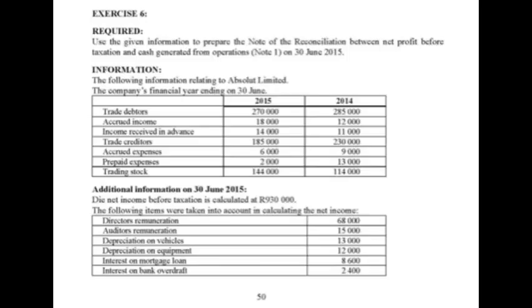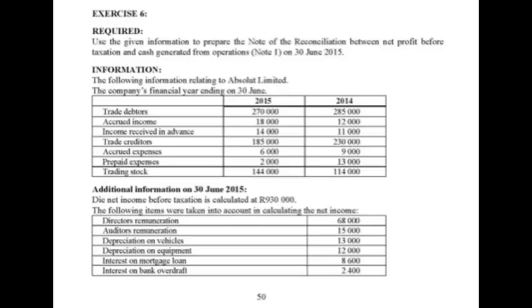So if I look through this, I see directors' fees involve cash, I can leave it. Auditors involve cash, I can leave it. Depreciation on vehicles and depreciation on equipment does not involve any cash, so I want to exclude that, or add that back in.